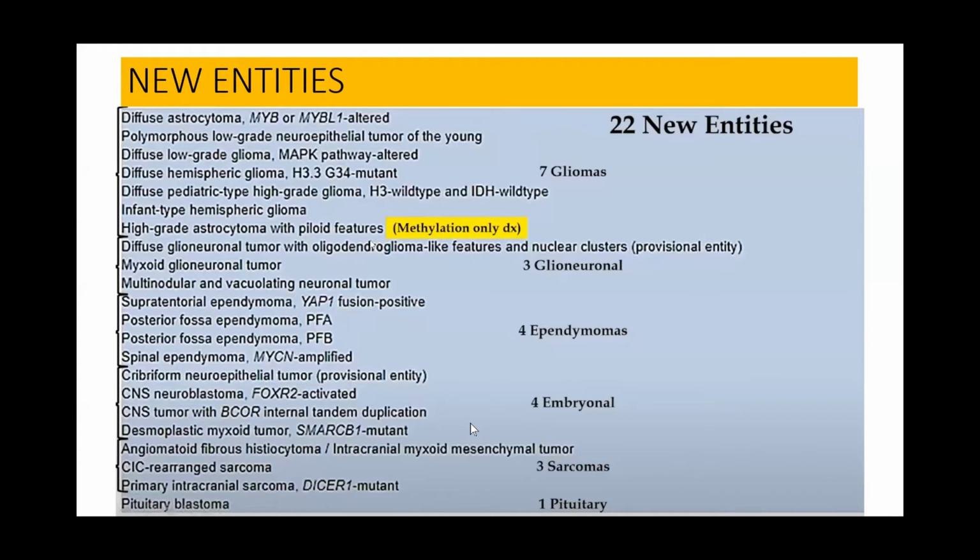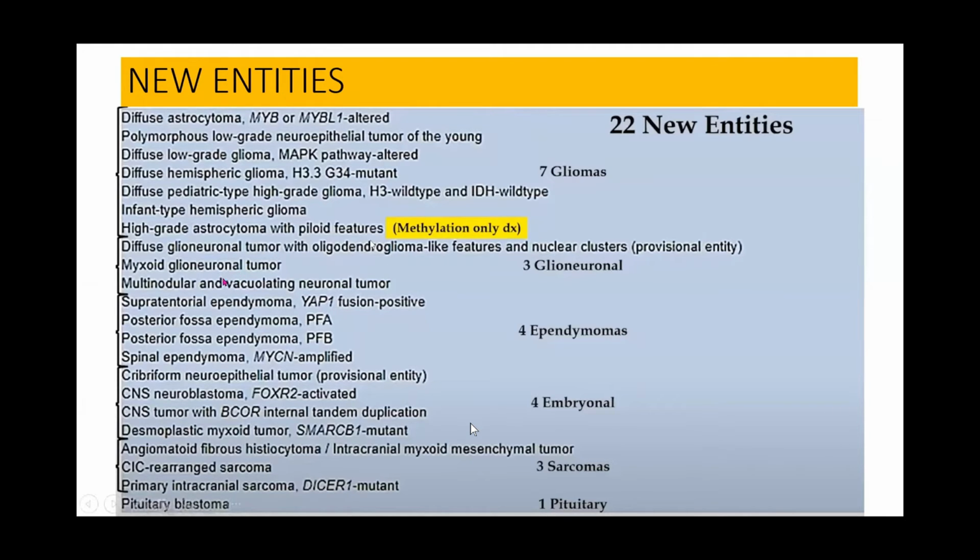And a very close differential for glioneuronal tumors is oligodendroglioma. So when you have a tumor which could be glioneuronal, but it has areas which look like oligodendroglioma, then you need to keep this DGONC tumor in mind. This tumor will not show 1p/19q codeletion, and when it does not, then you have to put it into the category of diffuse glioneuronal tumor with oligodendroglioma-like features.